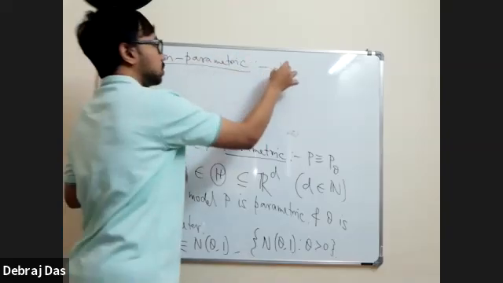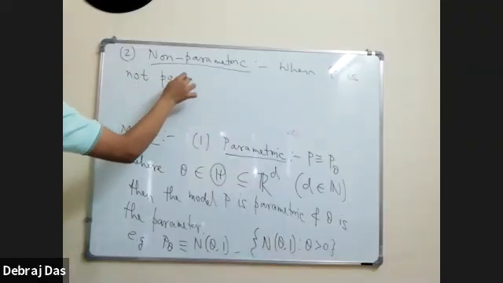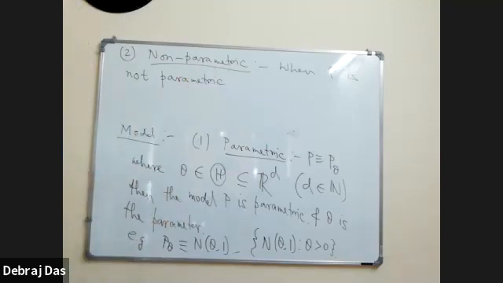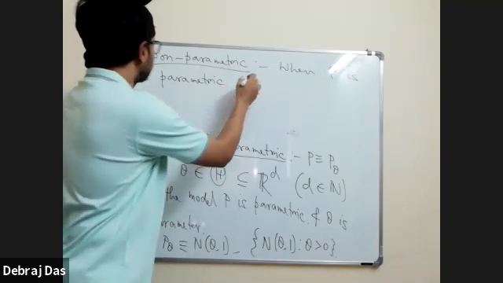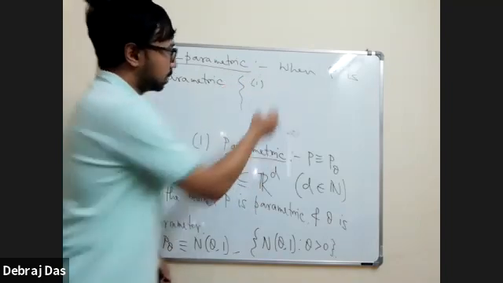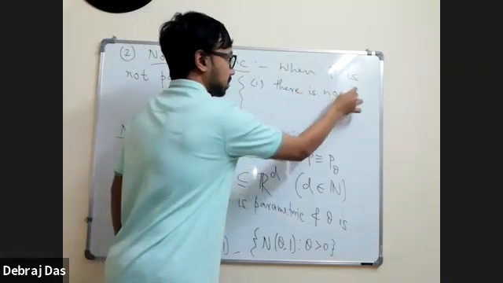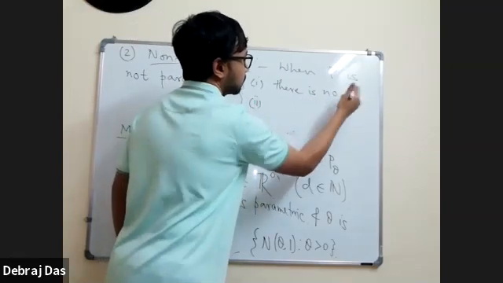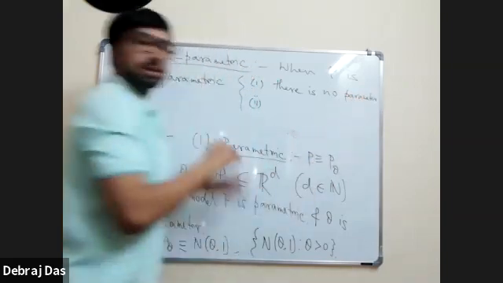So when P is not parametric, that means there may be two possibilities actually. One is that there is no theta or no parameter which characterizes the underlying family.